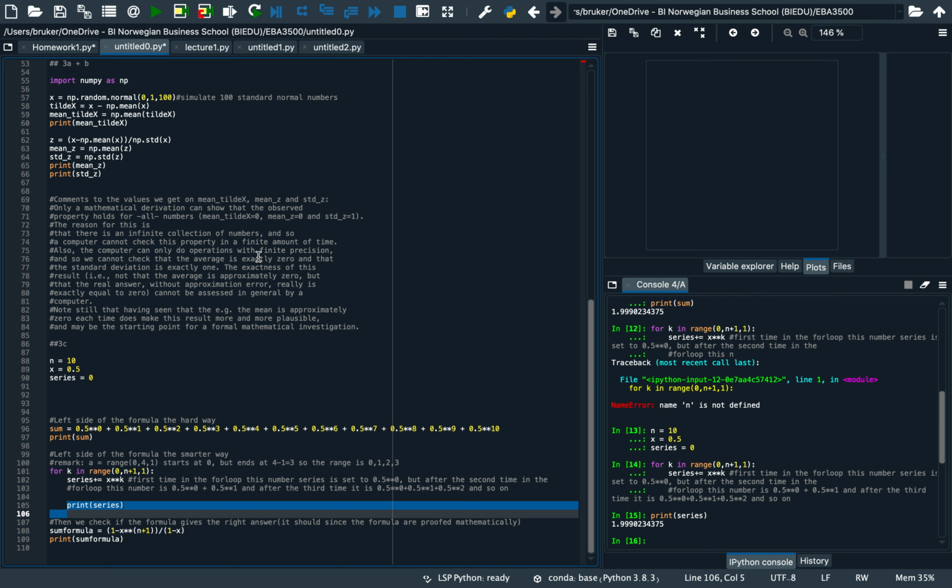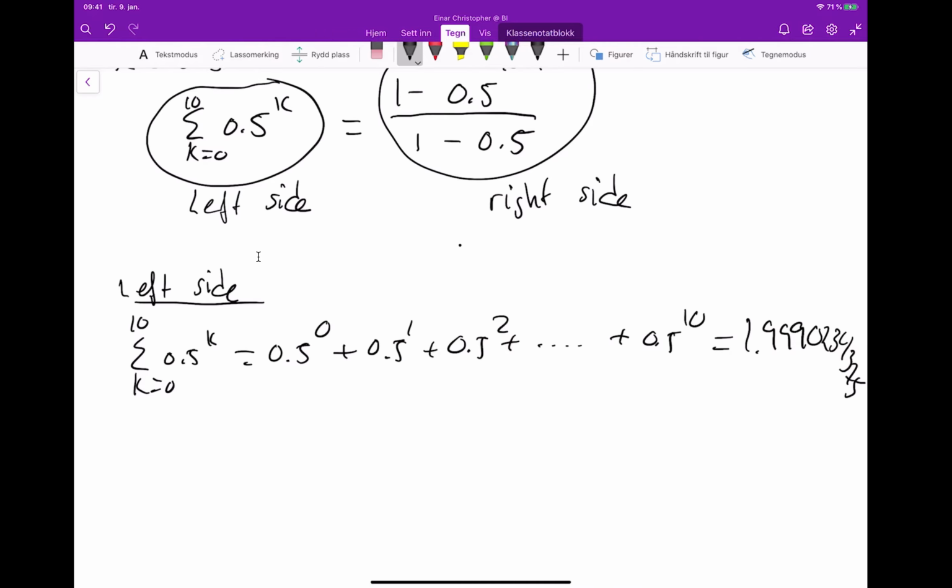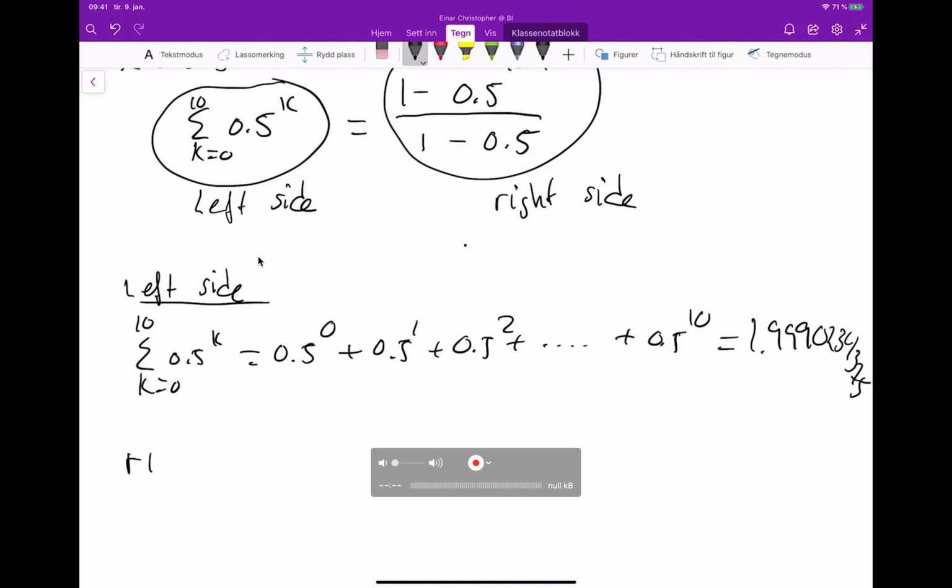So now we have seen how we can compute the left side in different ways, but this often takes much more time than if we have a formula for the same sum. And in this exercise, we are told what the formula for the sum is. So instead of calculating the left side, we can calculate the right side of the formula. So let's do that in the notebook.